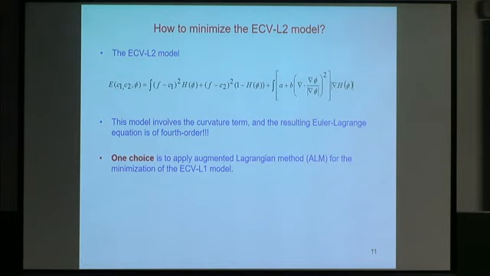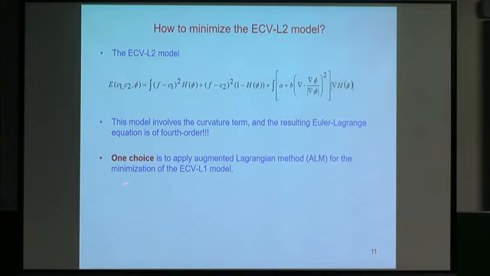If we try to derive the Euler-Lagrange equation, it should be fourth order. But recently quite a lot of research has focused on how to develop fast or reliable methods to handle this kind of fourth order problem, including fourth order PDEs.